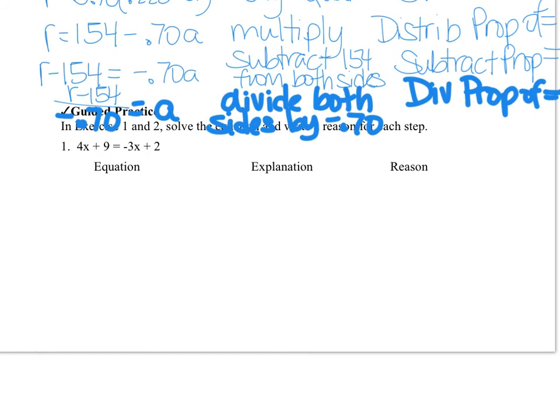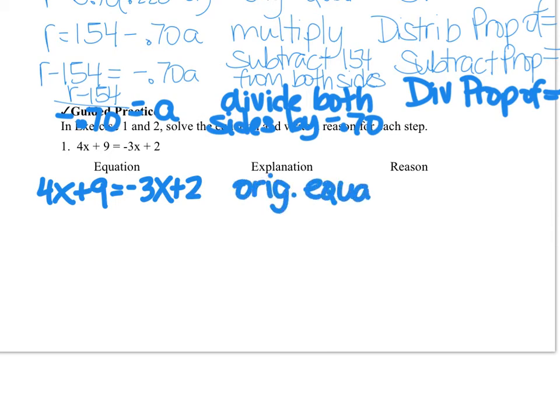Hopefully you took the time to try these on your own first. Following the examples, first step is always writing the original equation. The reason is always the given. And then from here out, you can do a couple different things. As long as you have the reasoning for each one, it doesn't matter.